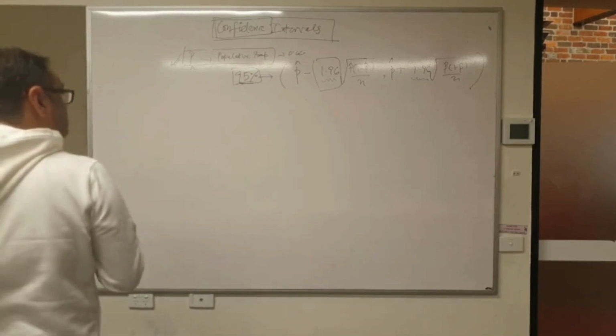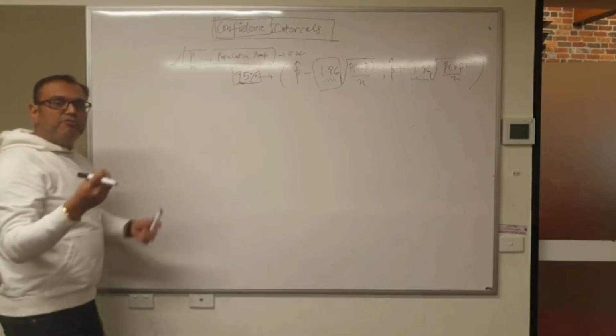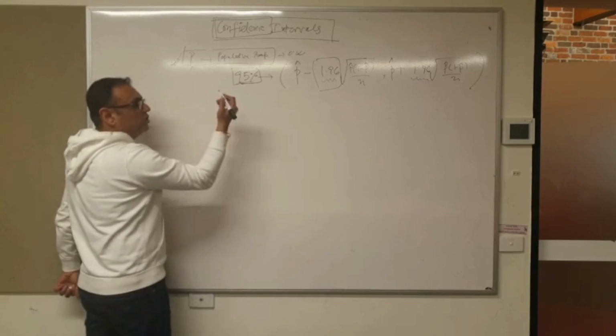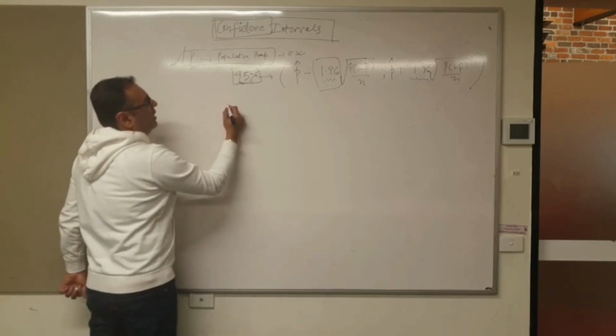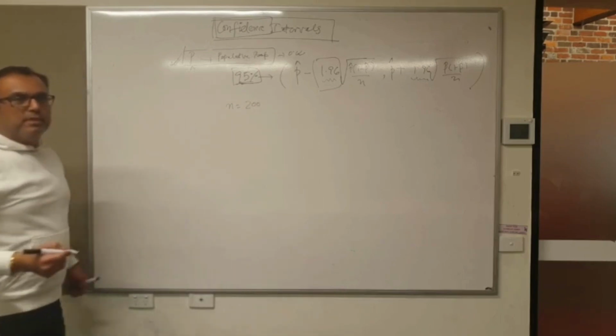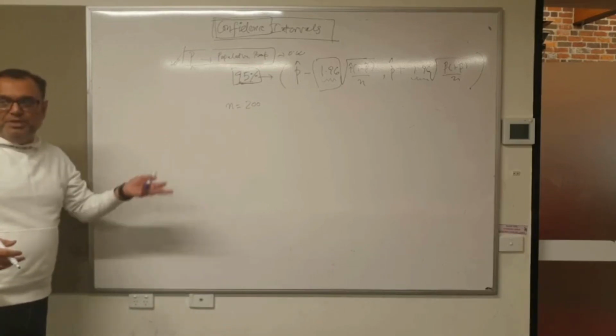The next point to be noted here is, let's say you've drawn out a sample and your n was, let's say, 200. And again, I'm taking the example of number of students using social media.